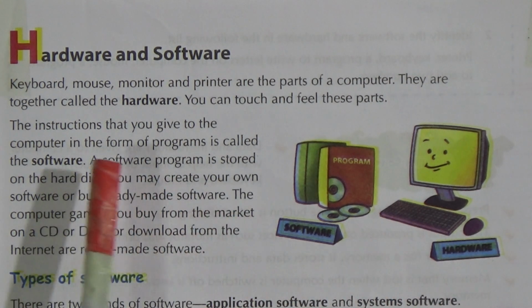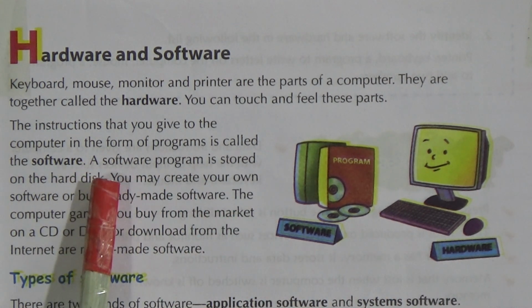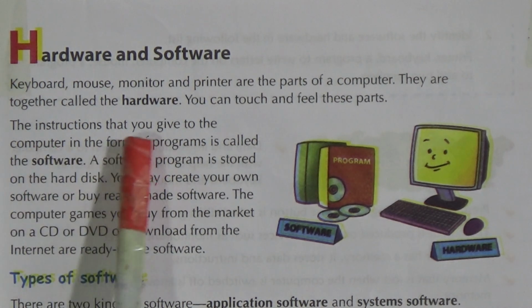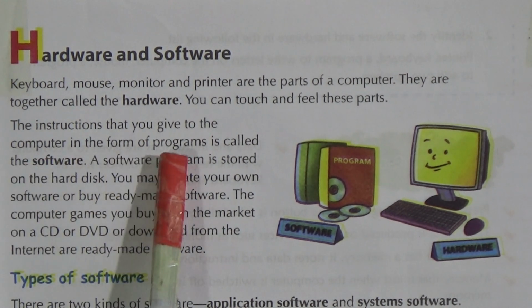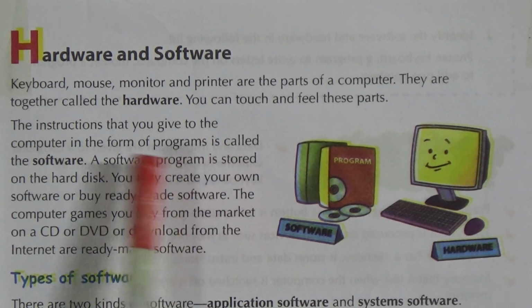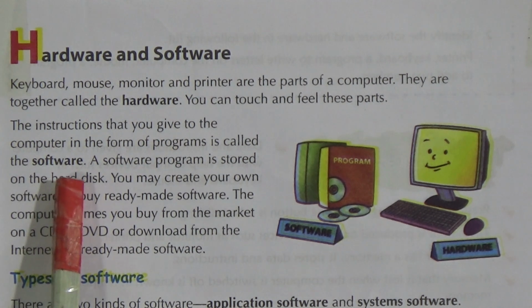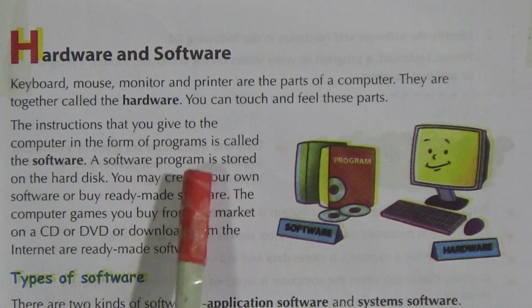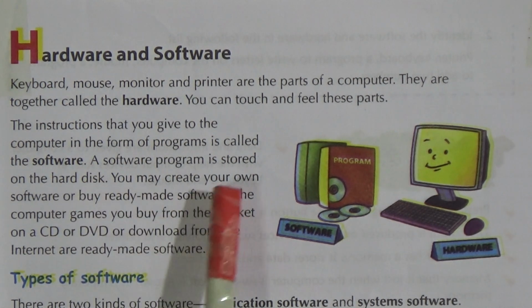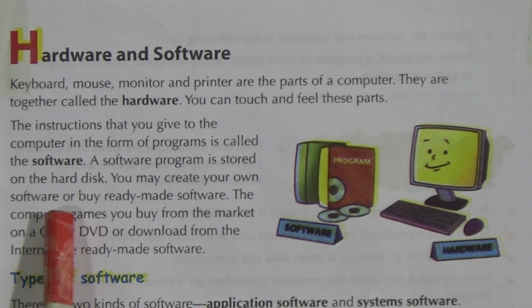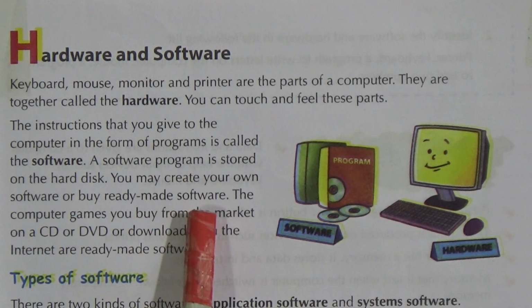Let's look at what software is. The instructions that you give to the computer in the form of programs is called the software. A software program is stored on the hard disk. You may create your own software or buy ready-made software.